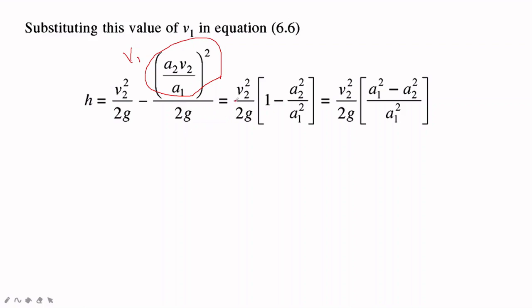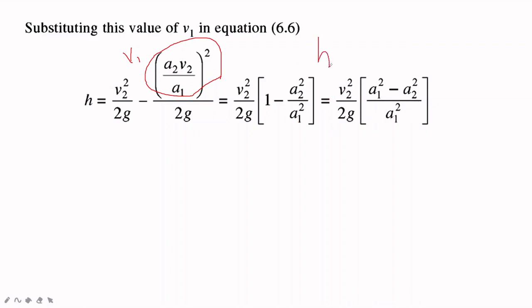Once we substitute, after simplification, V2 square by 2g into 1 minus A2 square divided by A1 square. Again simplifying, we get V2 square by 2g into A1 square minus A2 square divided by A1 square.